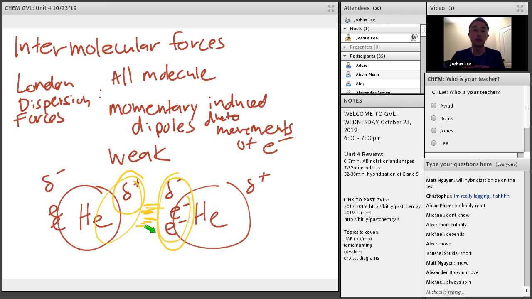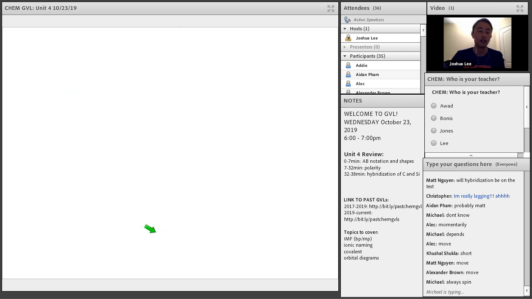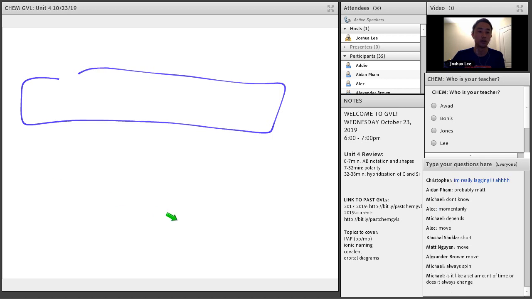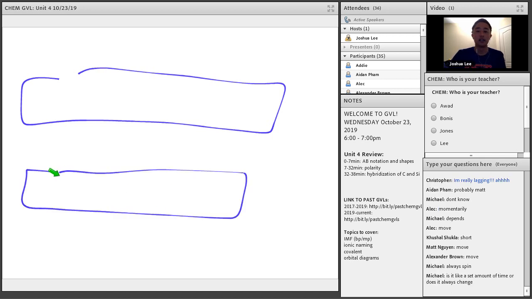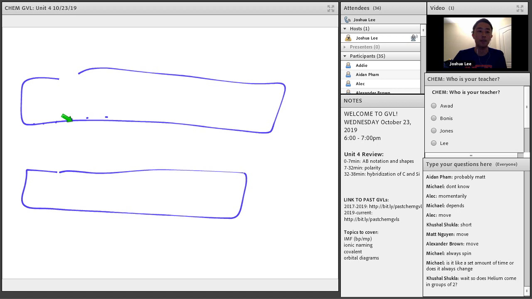For London dispersion forces, though, the bigger the molecule, the stronger the London dispersion force. Because what could happen is, let's say you have this huge molecule, like a million molecules. Somewhere along the line, no, helium does not come in groups of two.